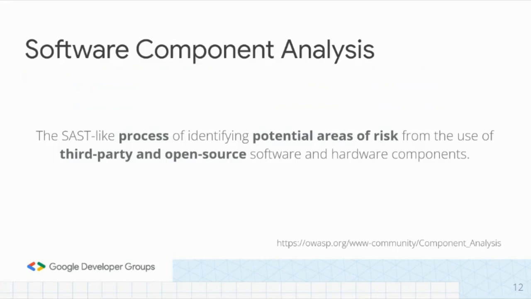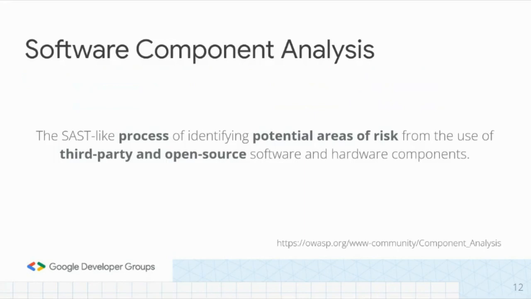So software component analysis is an SAST-like process for identifying the potential areas of risk that I talked about, the risk of using open source libraries and third-party libraries, and also hardware components. So SCA both refers to software and hardware, but for the sake of this talk and practicality reasons, I stick with the software part.